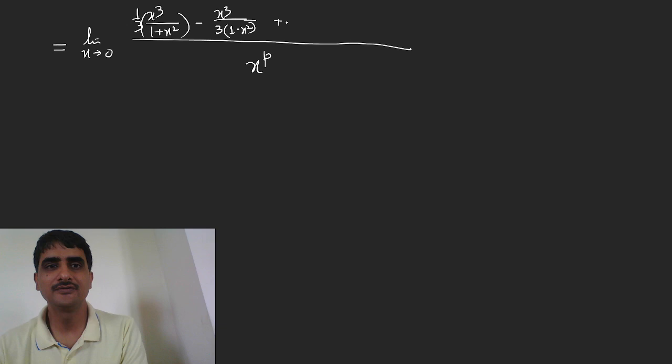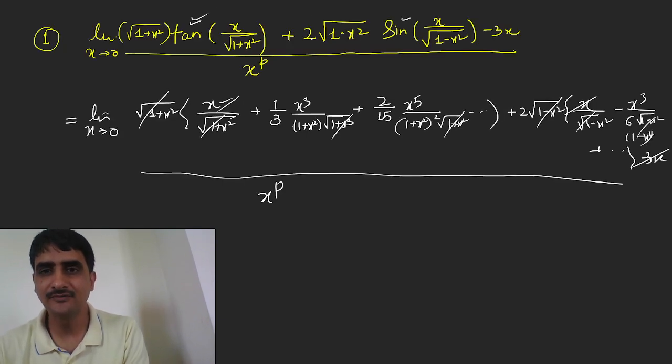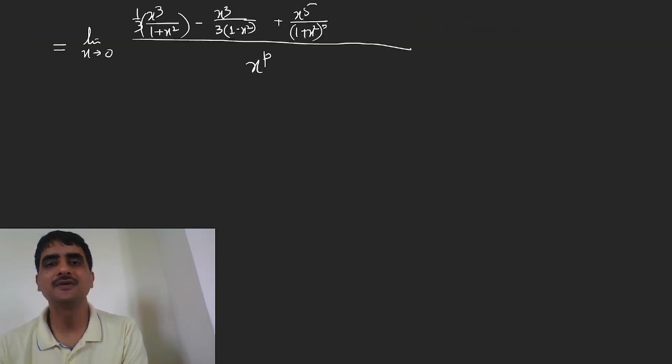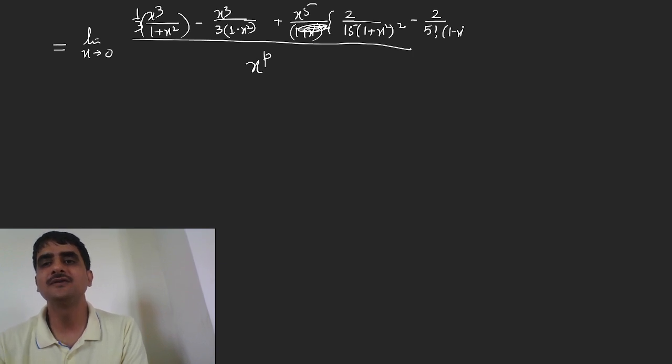Then it's the x raised to power 5 term here over 1 minus x square, 2 by 15, 1 plus x square, so I will write it as 2 by 15, 1 plus x square whole square, minus 2 by 5 factorial, 1 minus x square whole square, and so on.